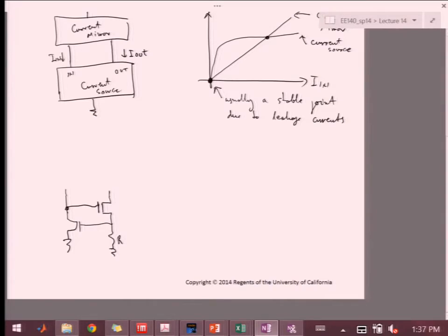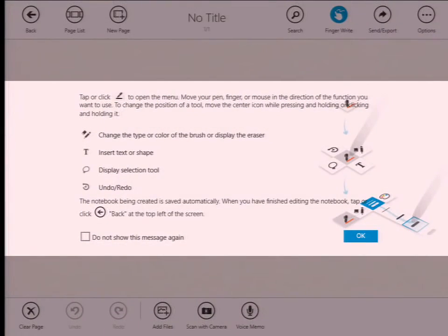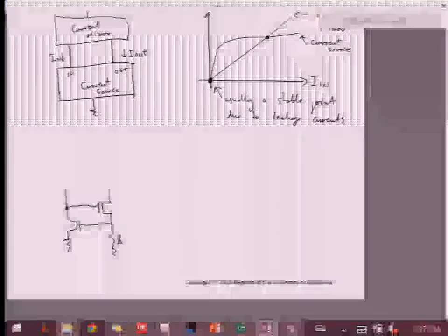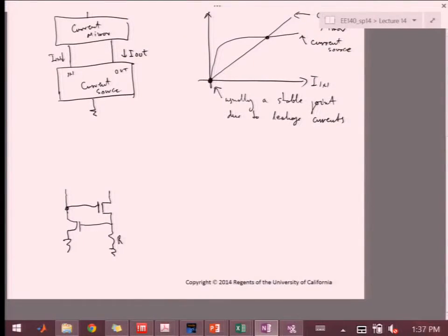And then what you have on the top is just a normal current mirror.